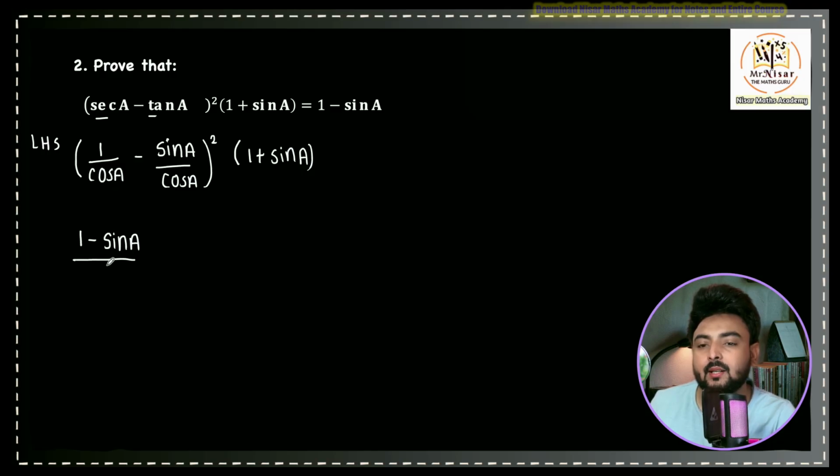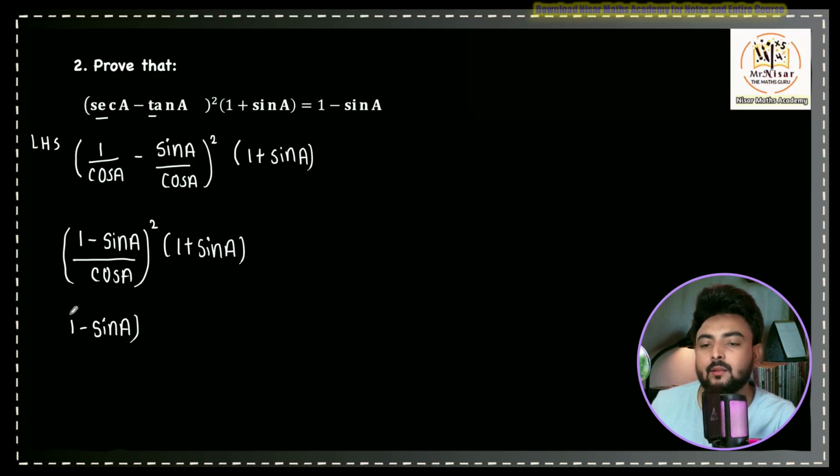The denominators are same, so I am writing the denominator once, and 1 plus sine a. Then what will happen? Just separate it. 1 minus sine a whole square upon, I am just separating the power here. It will be 1 plus sine a.